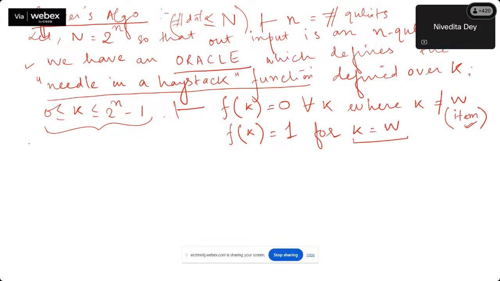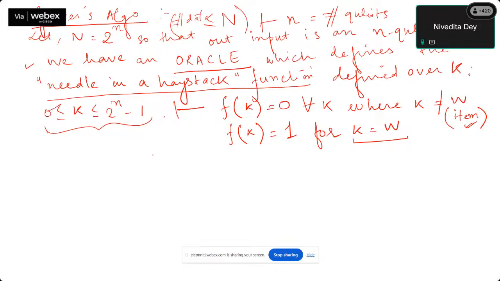So k is all of those values starting from 0 to 7, and say I want to find w equal to 4. Except for f of 4, f of 0, f of 1, f of 2, 3, 5, 6, 7 will be 0. Only for k equal to 4, or w equal to 4, f of 4 will be equal to 1.